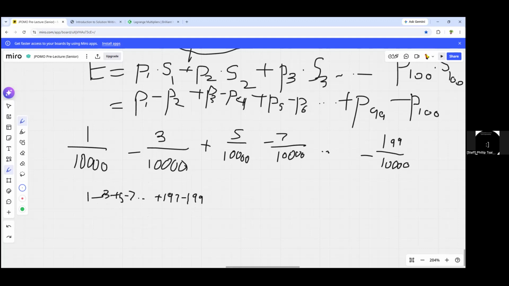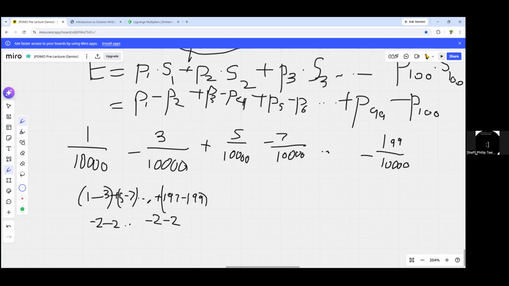Thank you, Andrew. And so we get negative 2, and we just get a constant term. If we group them, then we just get negative 2 minus 2 minus 2 minus 2, all the way until we get to 197 minus 199, which is also negative 2. So we just get a bunch of minus 2s for our numerator.